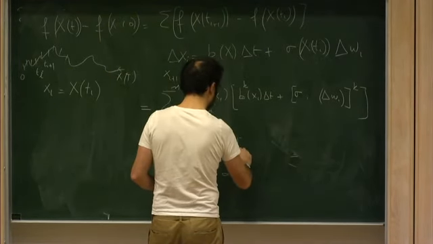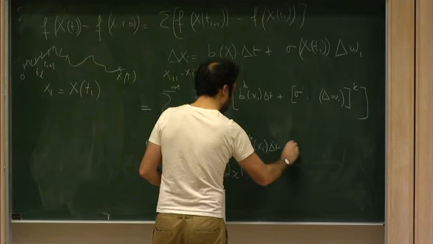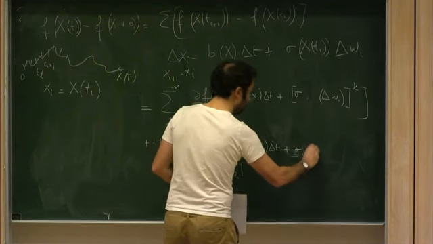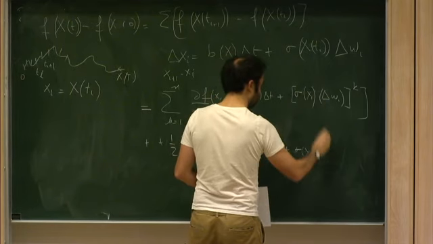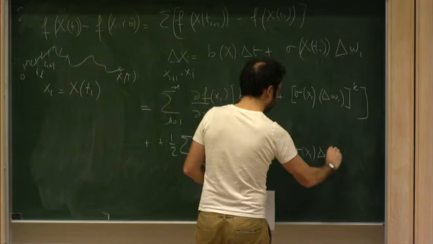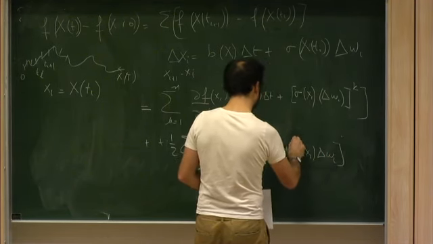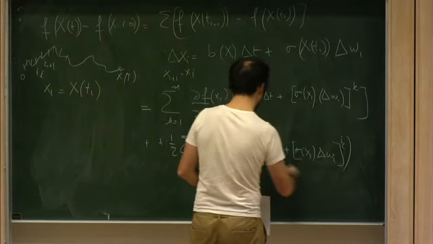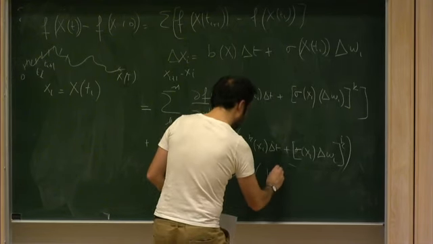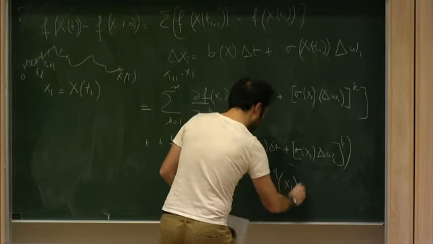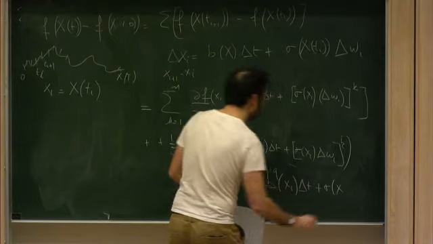So this is b_k of x_i delta t plus sigma at position x_i d omega_i, the k term, multiplied by the q term, b_q of x_i delta t plus sigma d omega_i.